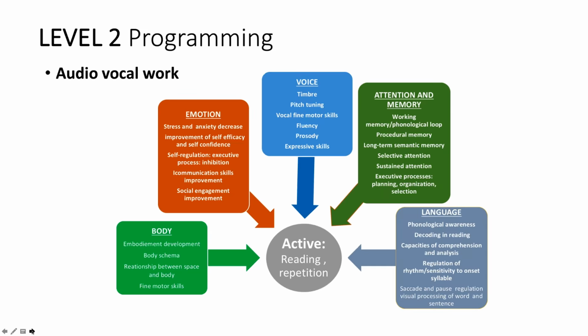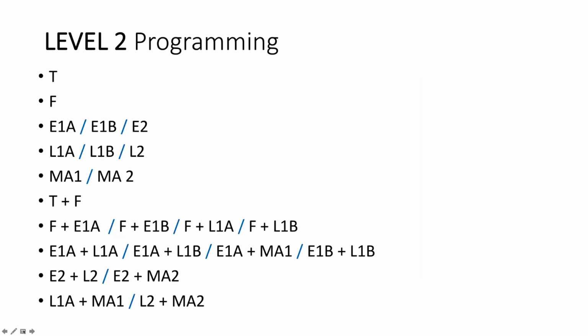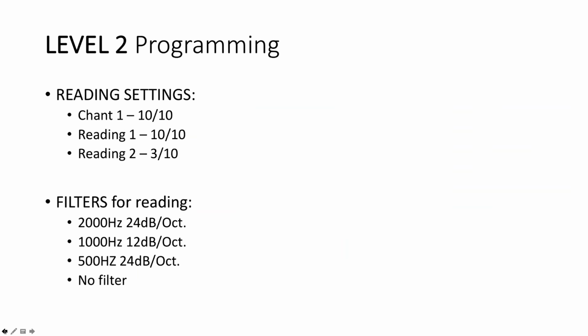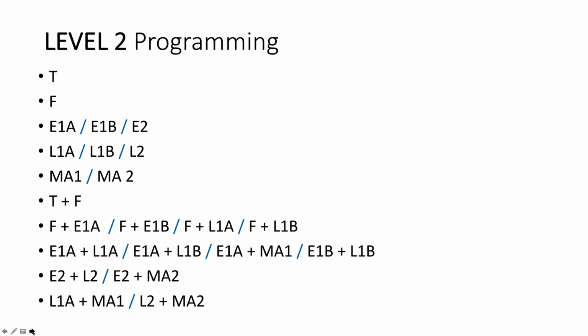So let's look at what we have in level 2 programming. In level 2 programming, you all know we have all our 10 basic programs from level 1, and we have added the mixed programs on level 2.